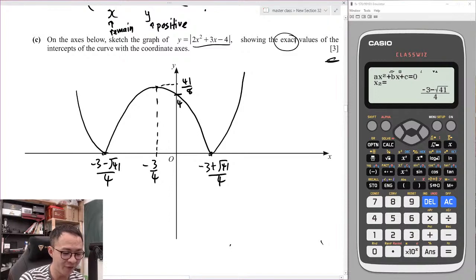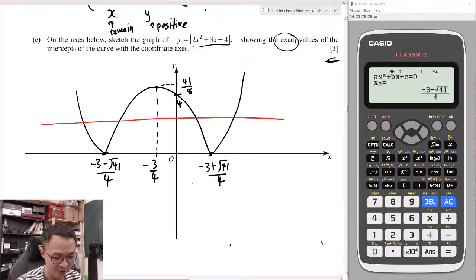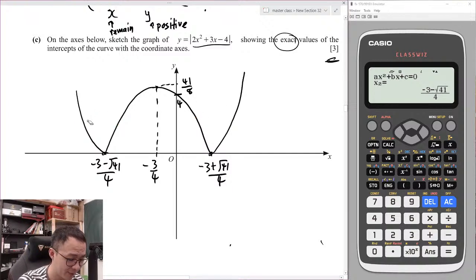Obviously, if I just randomly draw a line here like this, you see how many solutions I have? 1, 2, 3, 4, which cannot be, because the question says you need to only touch 3 points. So this line is not the answer they want. I will cancel it out. In order to only touch 3 points, I know I need to be at the maximum, or we call it the turning point, just slightly higher a little bit.